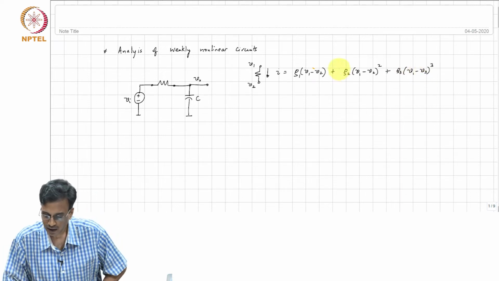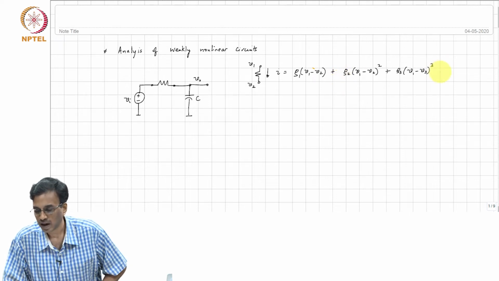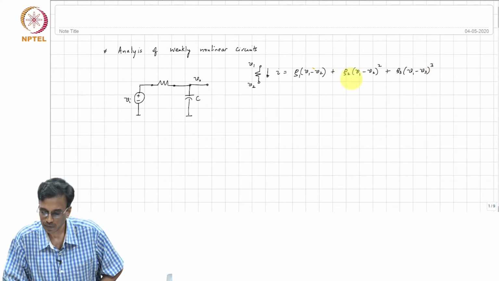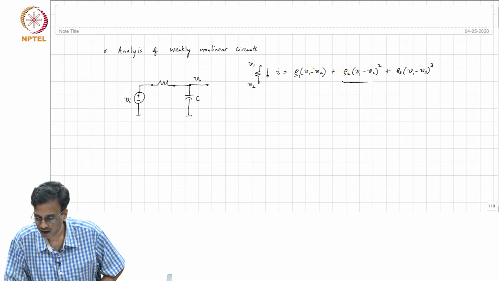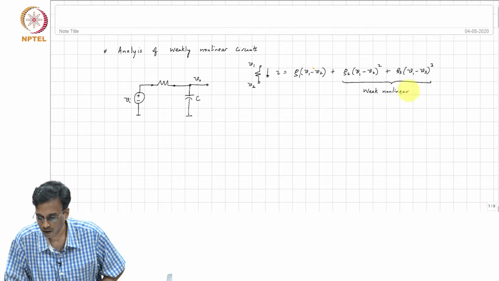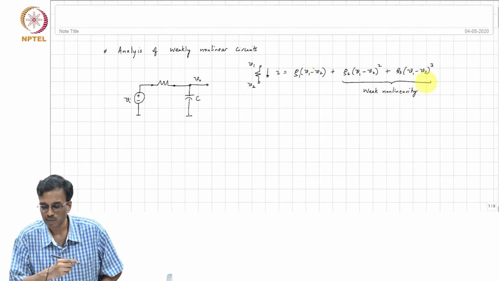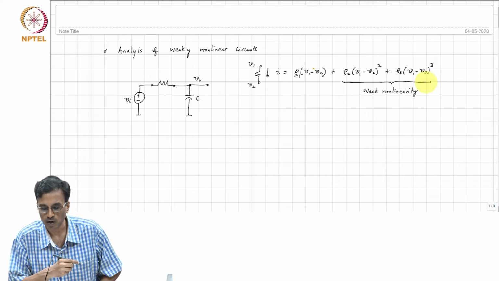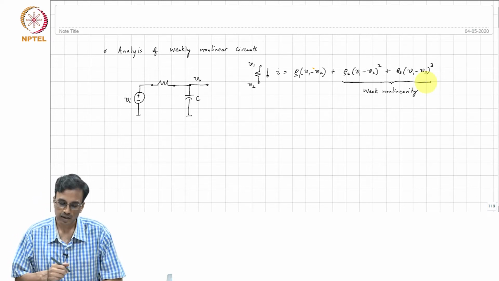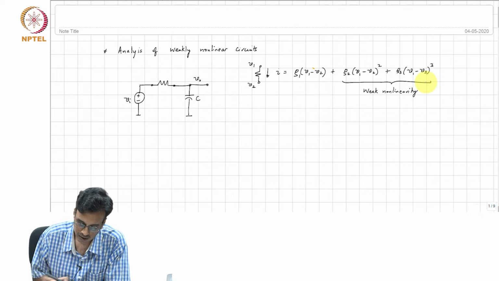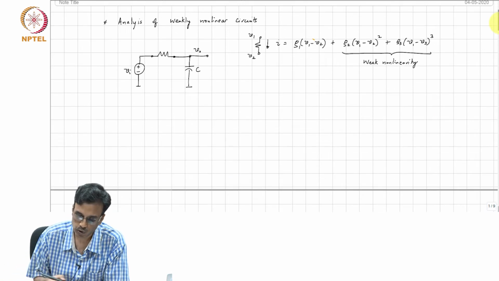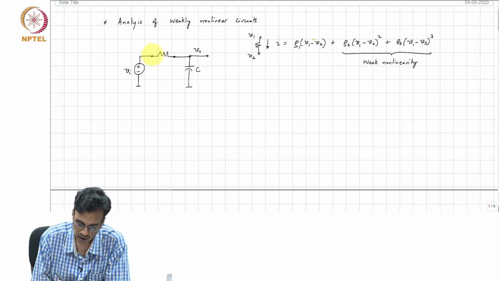And we hope that we will be operating in a range where the higher order terms can be neglected. The next thing we also hope is that weak nonlinearity holds. That basically means that the strength of these two terms is much smaller than the strength of the linear term.